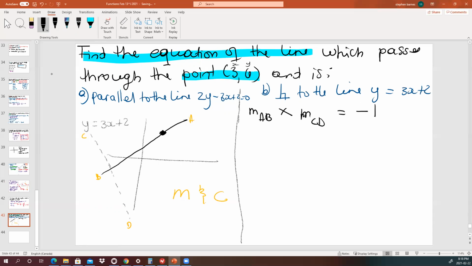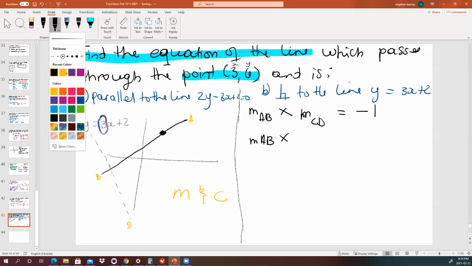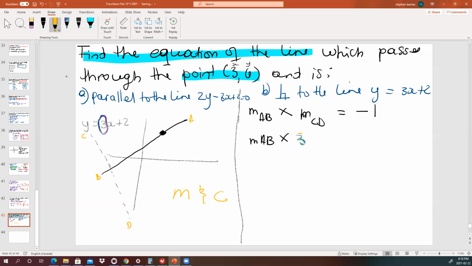The rule says we know the gradient of CD, but we don't know the gradient of AB. That's what we're trying to find. We know the gradient of CD from here. See here? That 3 is our gradient. Everybody agree? So we know that when we multiply them, you should get -1.